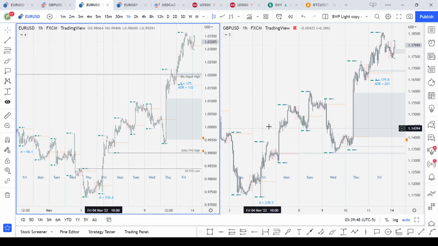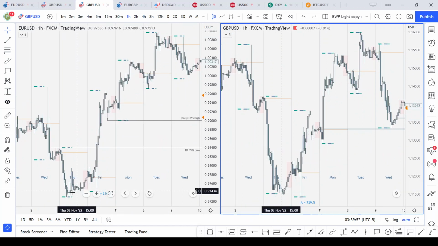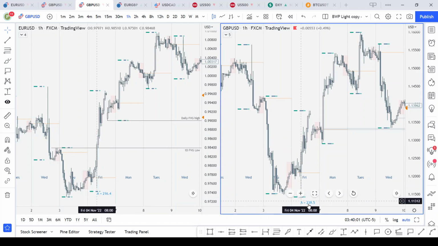So here you can see that here we have a higher high, and here we have a higher low, and here we have a lower low. Okay, so the smart money reversal, typically you would see SMT divergence. Okay, if you don't know what SMT divergence is, I have a really thorough video that I made on it. You can check my channel to watch the video.